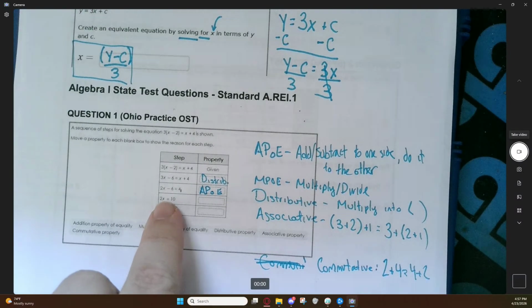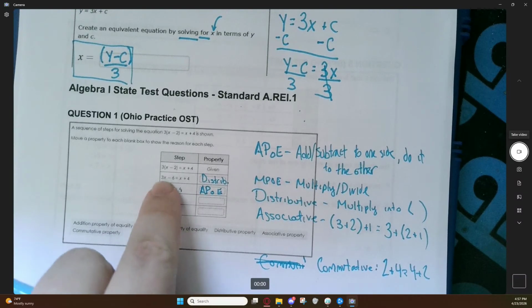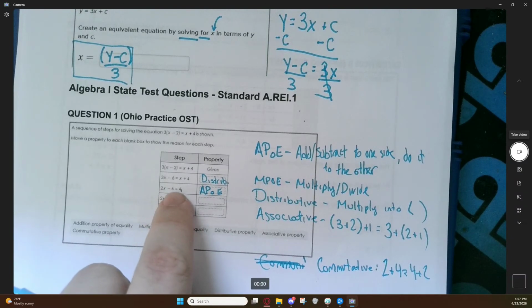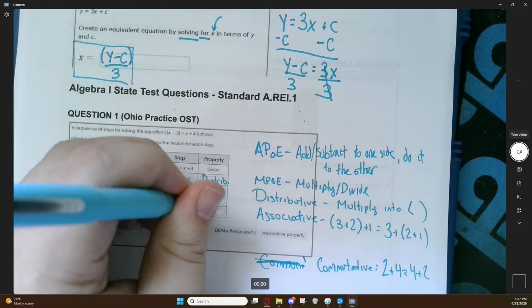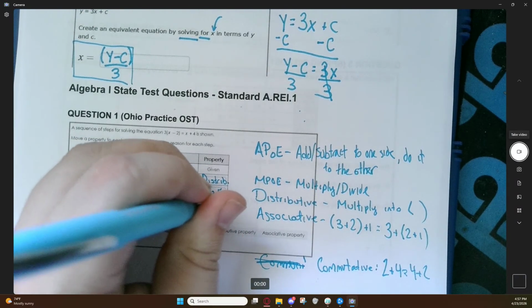Let's keep going. 2x minus 6 equals 4 to 2x equals 10. What did we do? It looks like we added 6 to the left side to get rid of the negative 6. And we added 6 to the right side because 4 plus 6 equals 10. So this is once again the addition property of equality.